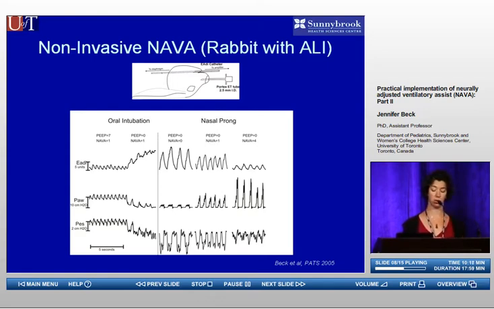It's inserted into the nostril. You can hear the leaks going all the time. And then again, when we increase the NAVA level 4 times, we receive peak pressures of about 40 centimeters of water. But we are able to unload the respiratory muscles by giving synchronized, non-invasive, positive pressure ventilation.